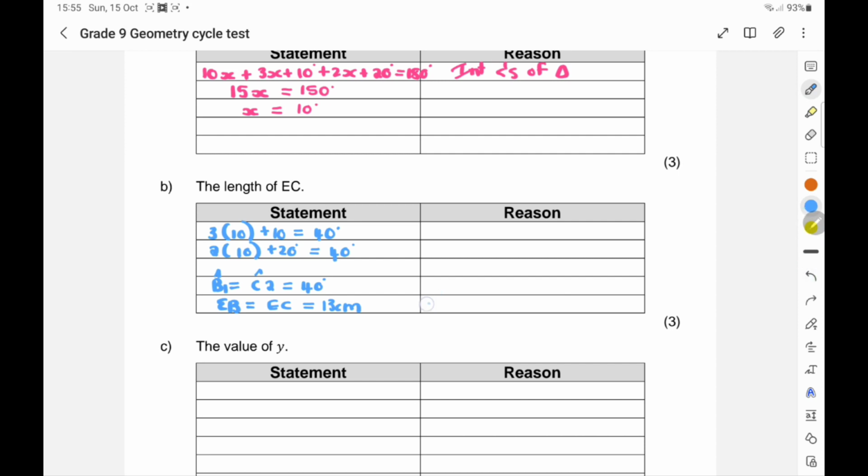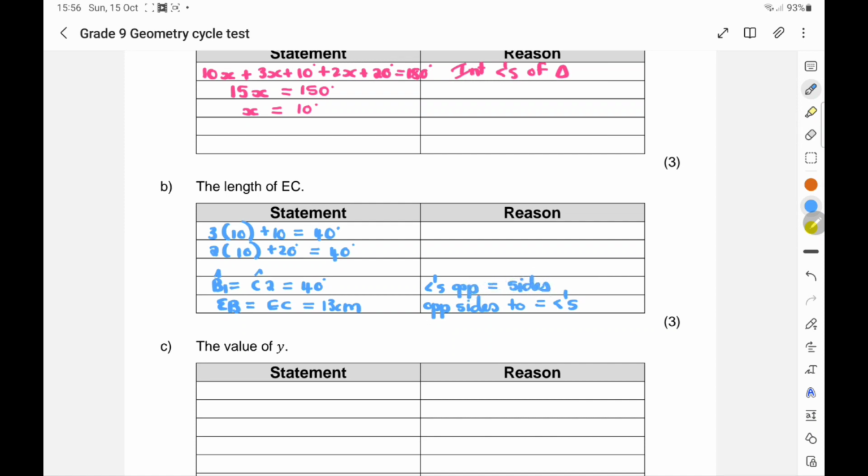Let me just quickly go there. Opposite sides. Sorry, it's a different type of, let me just quickly think of it. Opposite sides to equal angles. Okay, but the other one that we normally use is angles opposite equal sides.